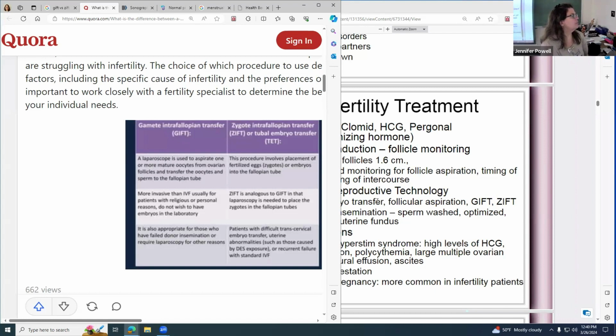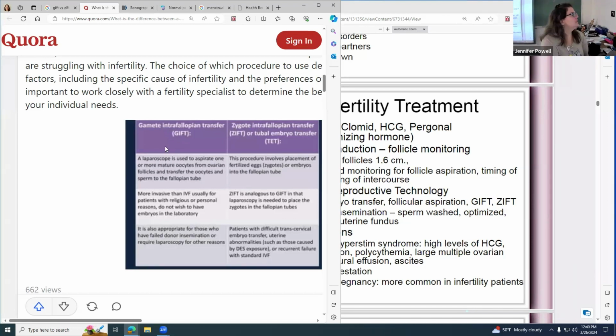It is also appropriate for those who have failed donor insemination or require laparoscopy for other reasons. Then you have ZIFT, which is zygote intrafallopian transfer or tubal embryo transfer. This procedure involves the placement of fertilized eggs, known as zygotes, or embryos into the fallopian tube.